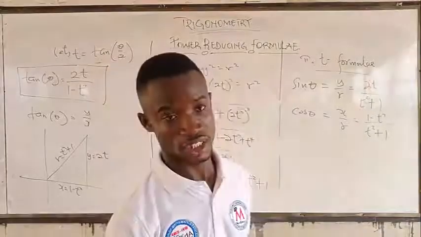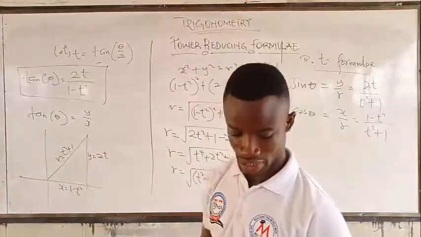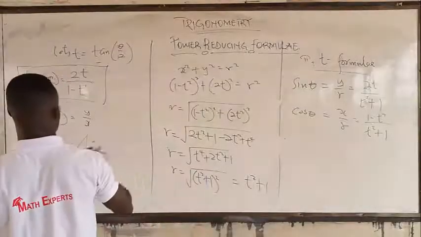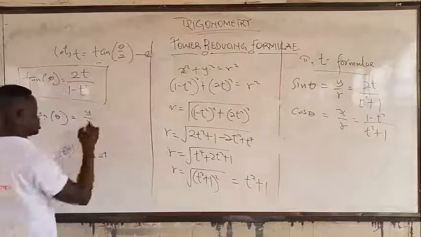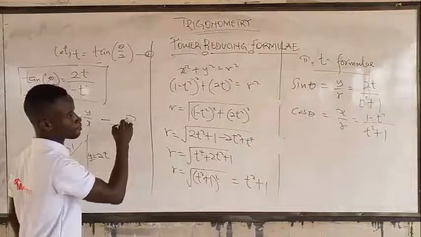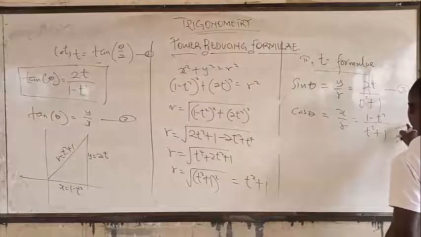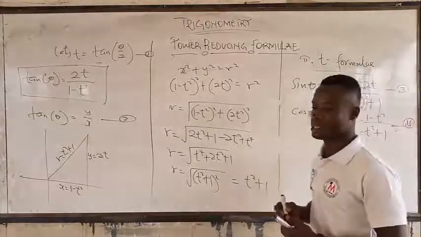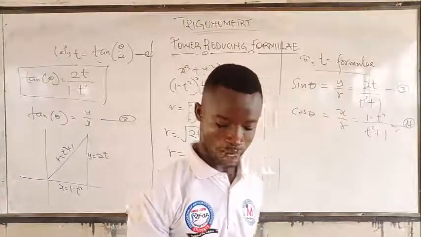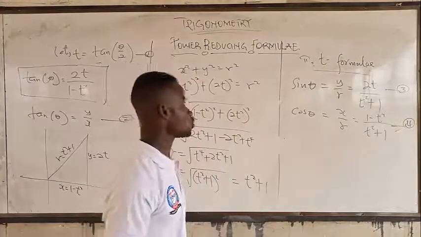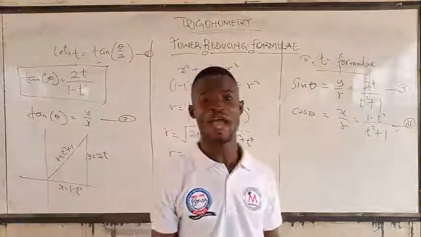Don't forget these formulas. Never forget these formulas. This is the first one. This is the second one. This is the third one. And that is the fourth one. And that is the T formulas. Alright? And also, it must be upheld.